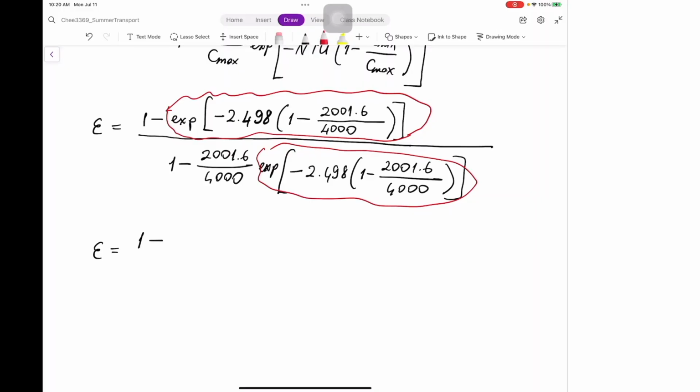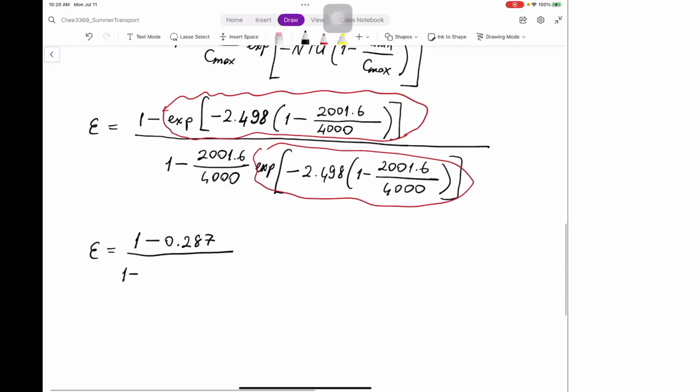Okay, there you go. So this must be 0.287 divided by 1 minus 0.287.